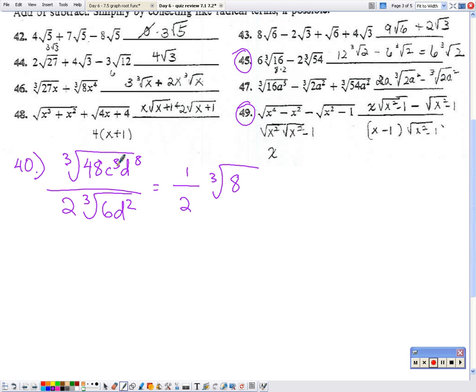And I have no c, so it's just going to be c to the 3rd. 8 minus 2 is d to the 6th. Now what's really awesome about this problem is once I divide what's under my cube roots, I have a perfect cube here. The cube root of 8 is 2. The cube root of c cubed is c. The cube root of d to the 6 is d squared. This is all over 2. So the 2's cancel, and I'm just left with cd squared.